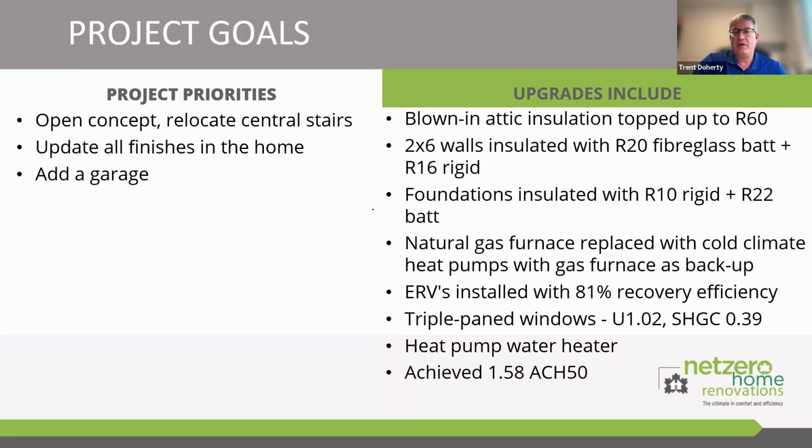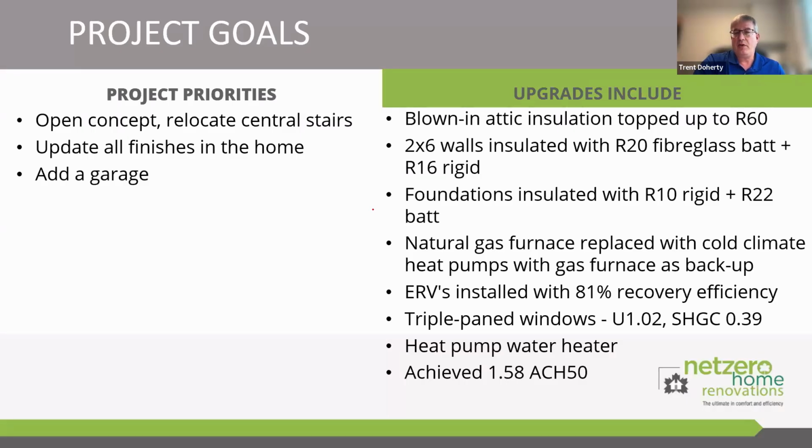The foundation, we gutted the basement and re-insulated with R10 rigid and R22 batts. And we also added R10 on the floor, which did reduce the ceiling height a little bit, but added a lot to the comfort on the basement floor. Because it's a small house, that extra square footage made a big difference for them.